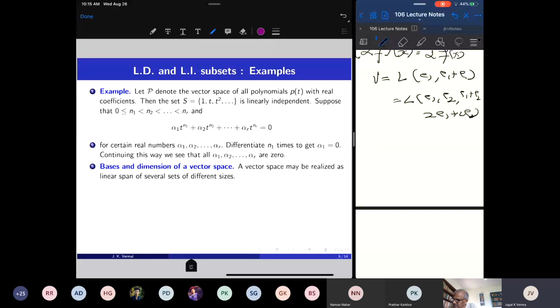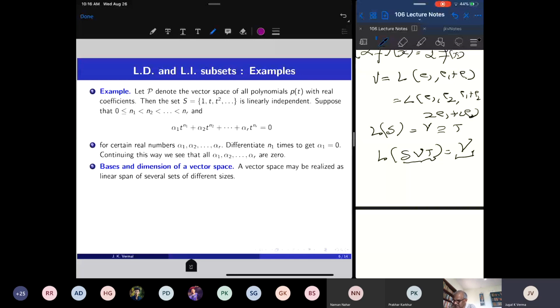If the linear span of S is equal to V, and T is a subset of V, then the linear span of S union T is also V. So I can enlarge a given set and still get the same vector space. But in practice, we want to take the smallest set whose linear span is a given space.